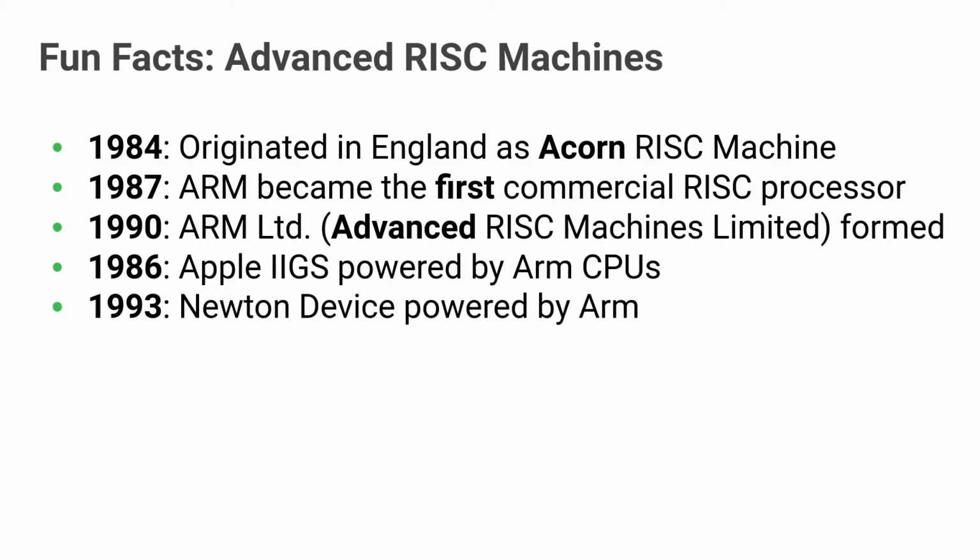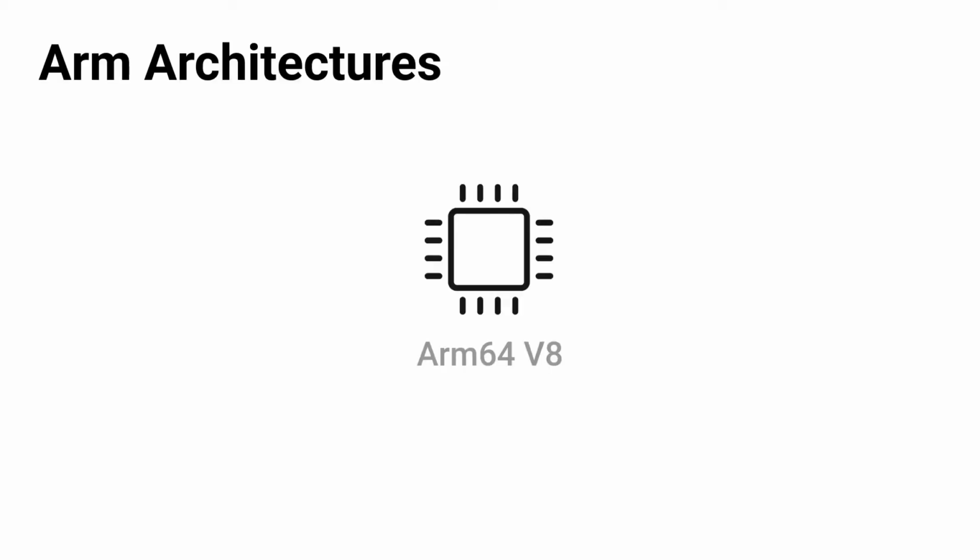ARM has been around for quite some time. In 1986, it was powering the Apple II GS, and in 1993, it was also powering the Apple Newton device. But in recent years, there have been some innovations made within the ARM architecture.